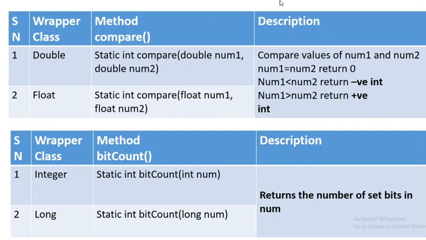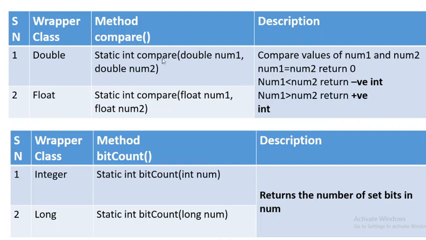So if you want to use this compare with the double wrapper class, how will you use it? Double with capital D, Double dot compare, in brackets two double values. So like this you can use the static method. So if you are using the wrapper class Double, your method will be static int compare and the parameters double num1 comma double num2.